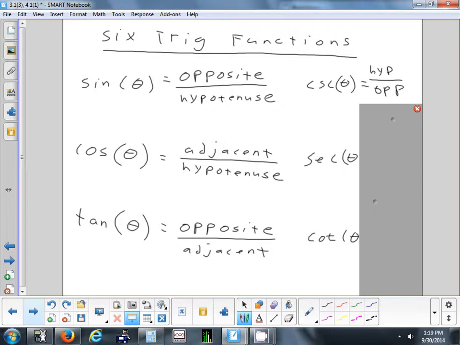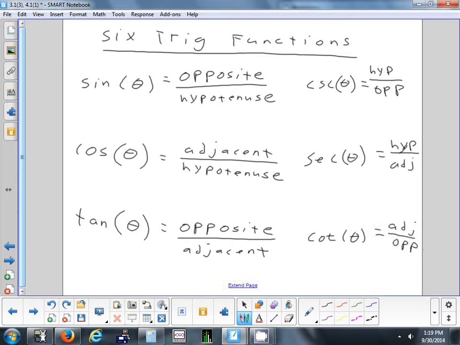Hey, Justin, what would the secant be? The hypotenuse over adjacent? Yep. And Ryan, the cotangent? Adjacent over opposite. So if you can remember the first 3, then the last 3 aren't that bad. You just have to find the reciprocals.